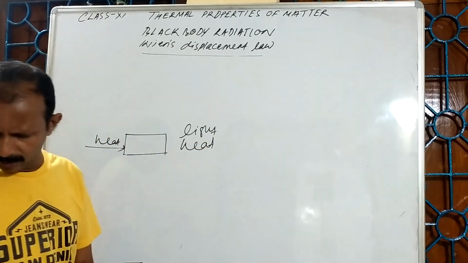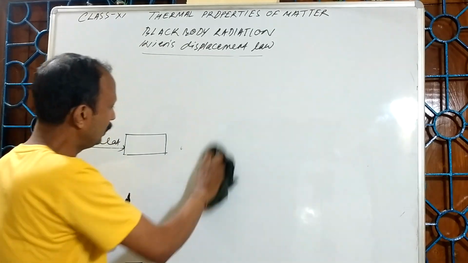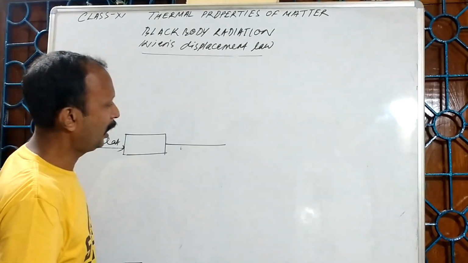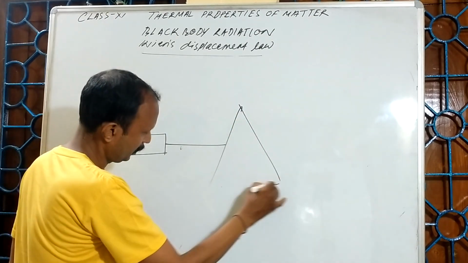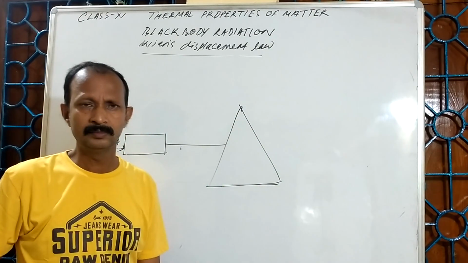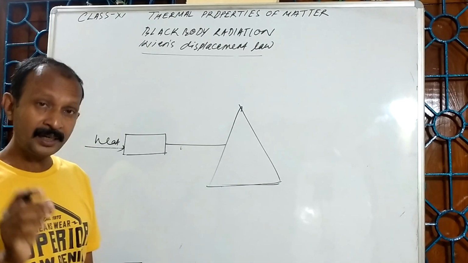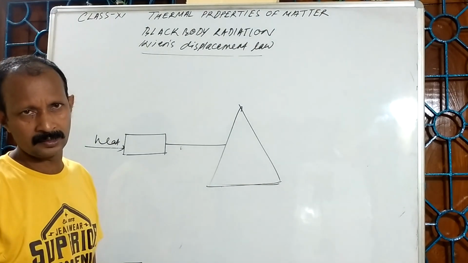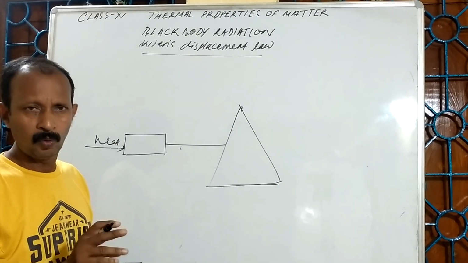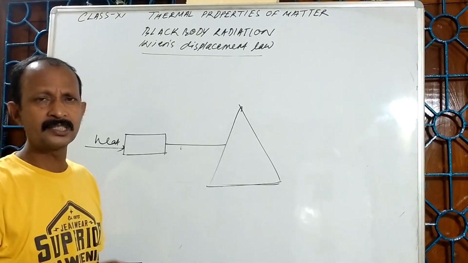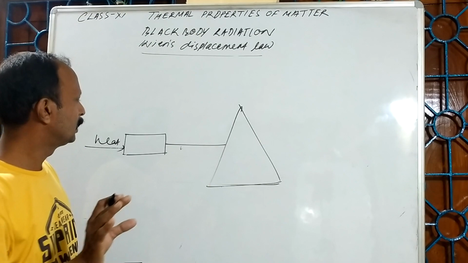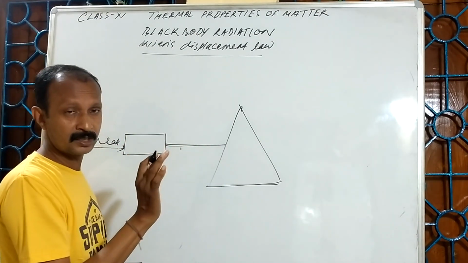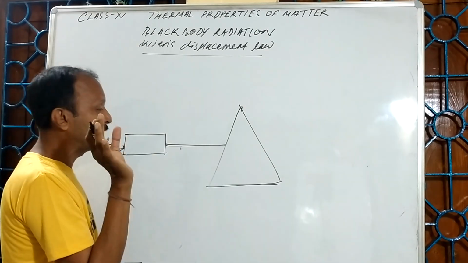Suppose a light ray came from it. If I place one prism, already we know that when white light passes through a prism, the prism disperses the white light into its 7 component colors. Suppose this is a white light ray coming from this substance after heating.